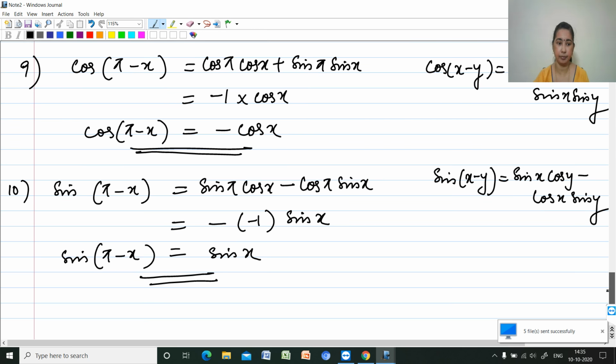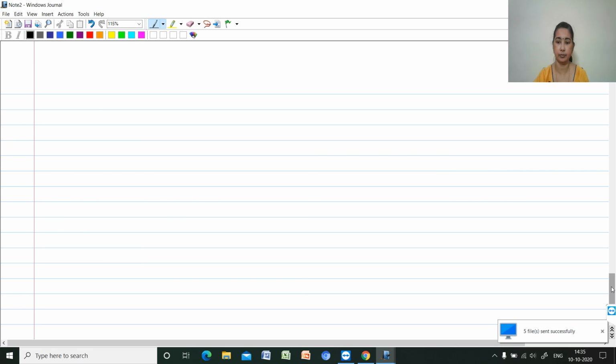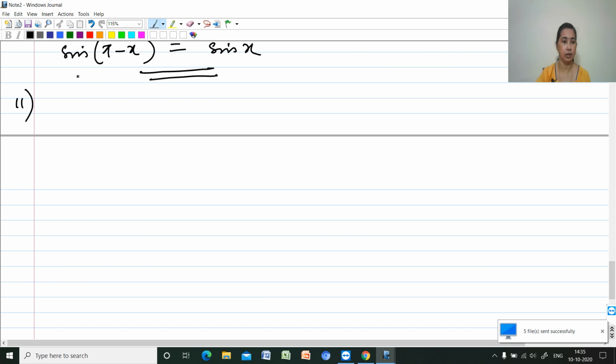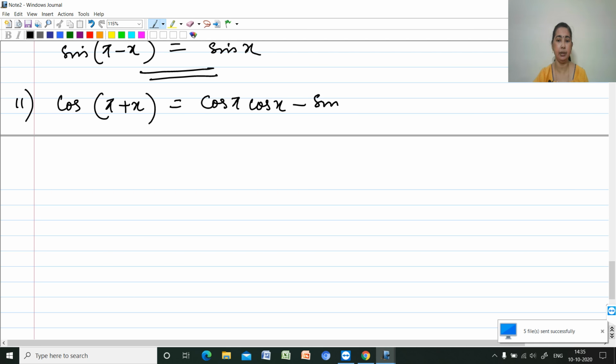Then, next one. Cos of pi plus x. So, apply cos of x plus y, which is cos x cos y minus sin x sin y. So, this can be written as cos pi cos x minus sin pi sin x.